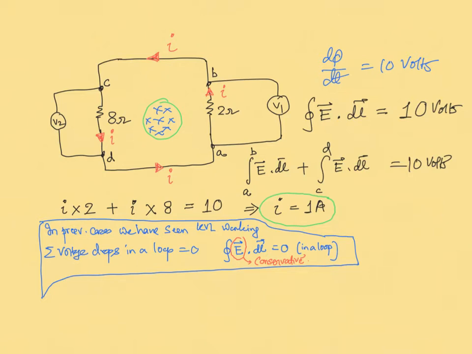Now, what about the voltmeters? Let us analyze voltmeter V1. We'll draw only a small part of the circuit and leave the other parts.